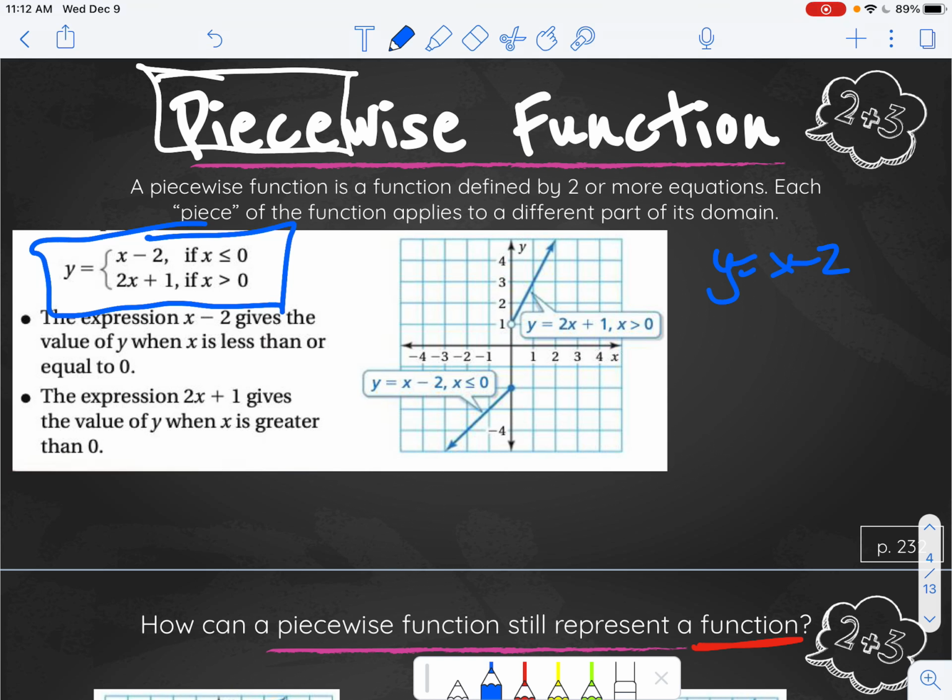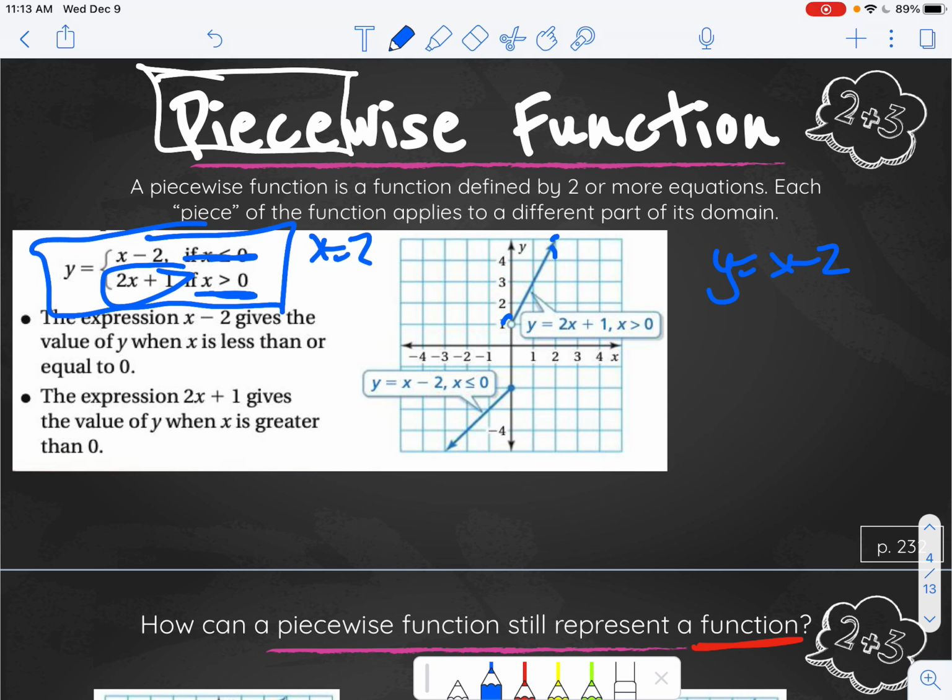Let's say we take the value of 2. Well, we look at our conditions. The value of 2 is not less than 0, it's greater than 0. So if we say, what is x at x equals 2? It's greater than 0, so we would plug it in right here. At x equals 2, we would get 5, and it would have one output.